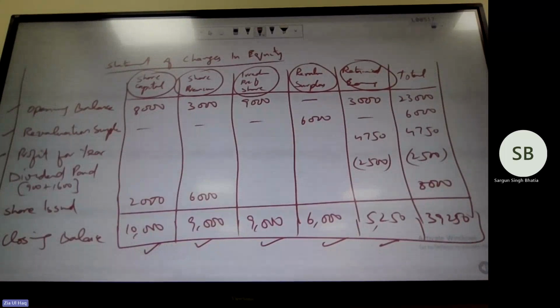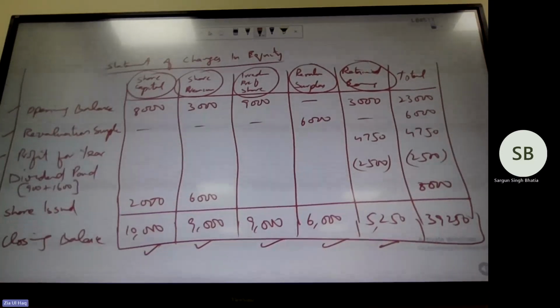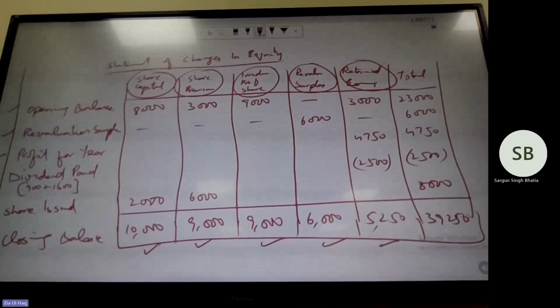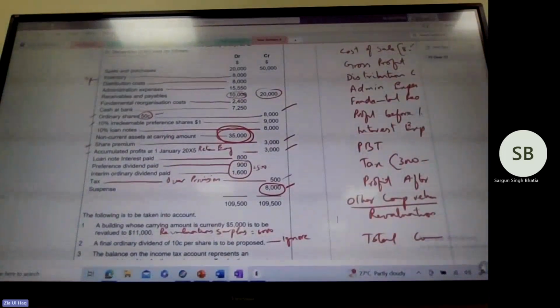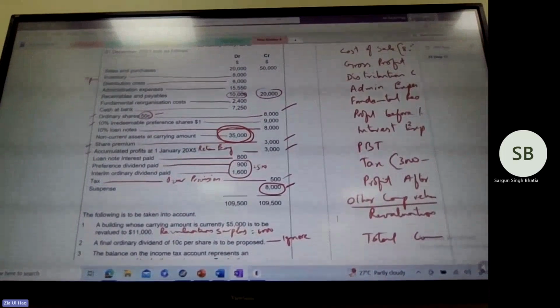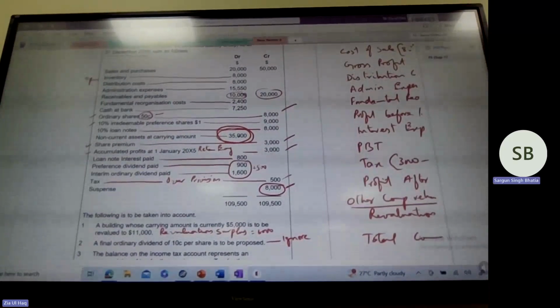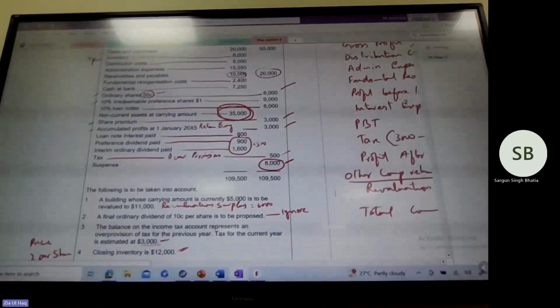Non-current assets at a carrying amount of 35,000. But in this 35,000, there is a revaluation as well. So the non-current assets figure is 35,000, but there should be 6,000 revaluation that we need to adjust.